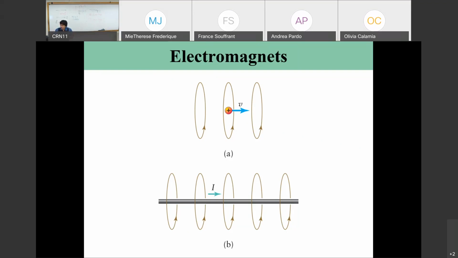And what you can do as well is plug the ends to a battery. If you have a current moving, just as you are seeing there in the picture, you will have a magnetic field. The circles that you see there around the bar or around the charge are what we call Amperian loops, or just to keep it easy, magnetic loops. They give you the direction of the magnetic field in that region in particular.